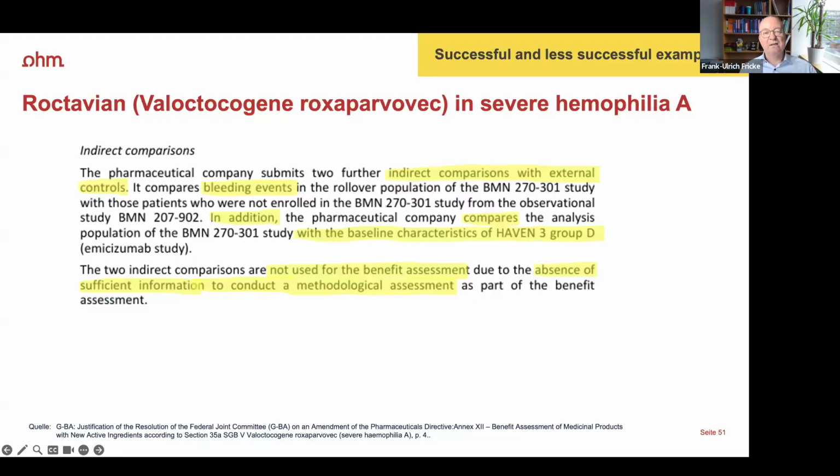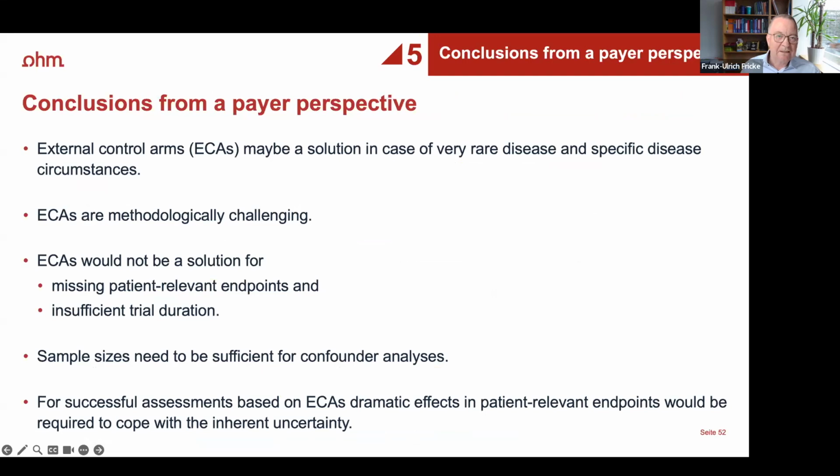Reasoning here basically was that in this case, the indirect comparisons could not be used for the assessment because sufficient information on methodology was simply not there. Now, my conclusion here would be, yes, external control arms may be a solution on rare occasions. Methodology is difficult.